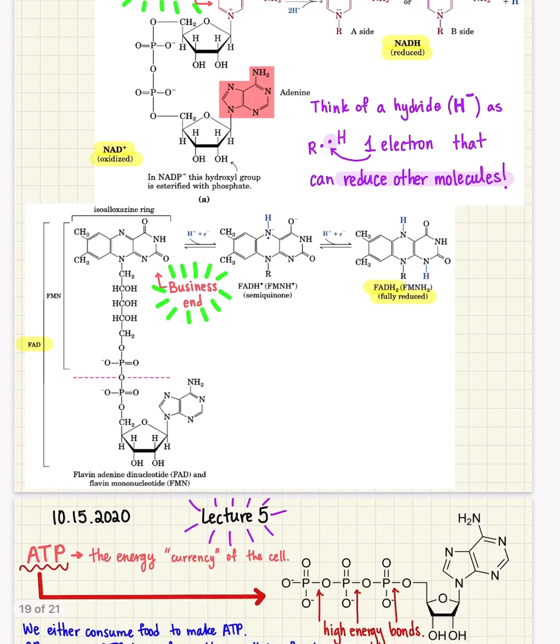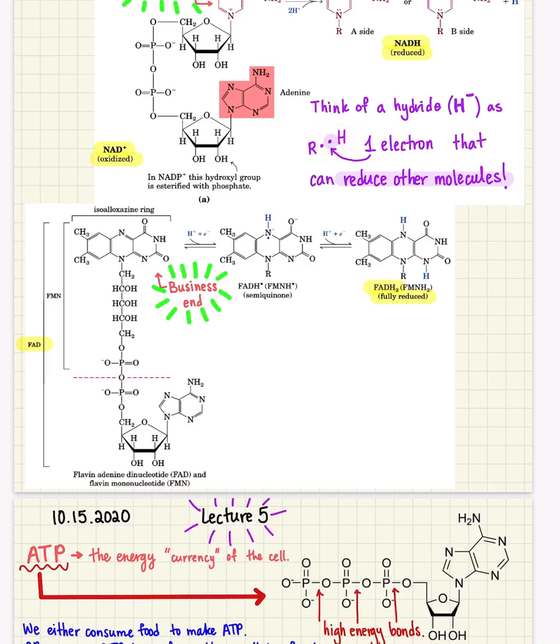A quick tip. Think of a hydride, which is H minus, as in a bond, right? So let's say you have R, some kind of molecule, and you have a bond to an H. This bond is made out of 2 electrons, and so a hydride would be this.